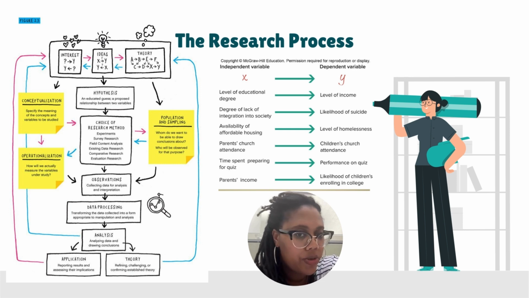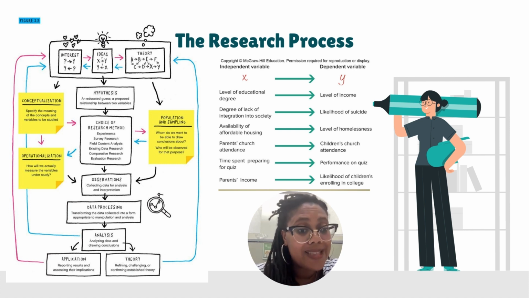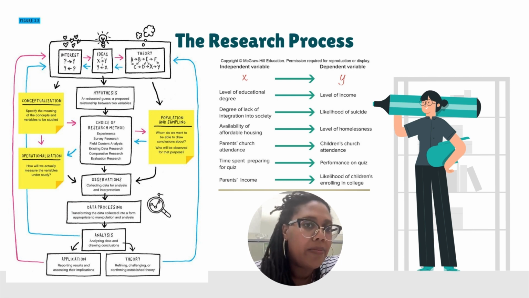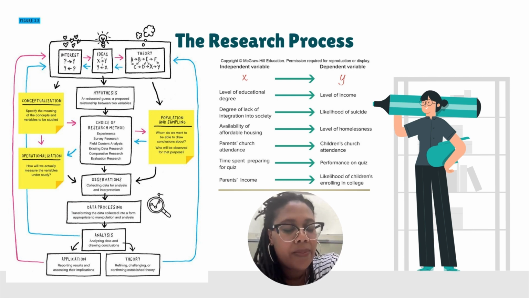So if I tell you that my operationalization of education is years of schooling, right? Exposure to the educational system, then that's what I need to study, right? And so how I use this variable in my study needs to be in line with that operationalization.